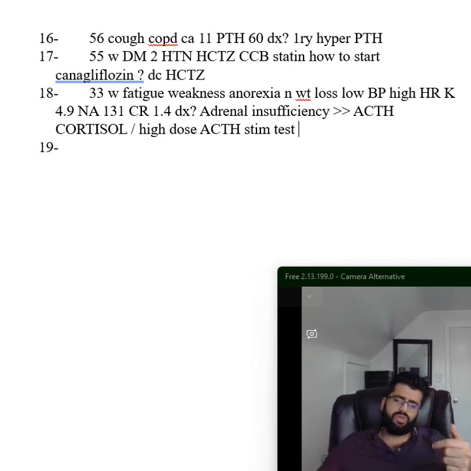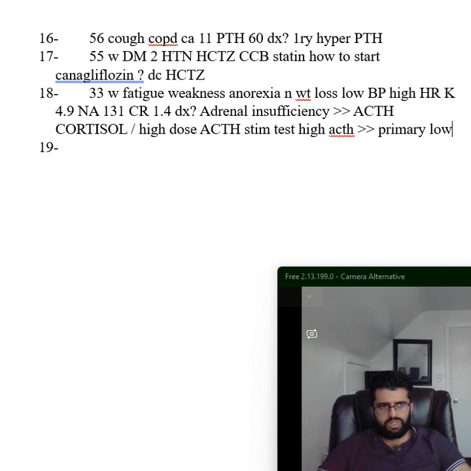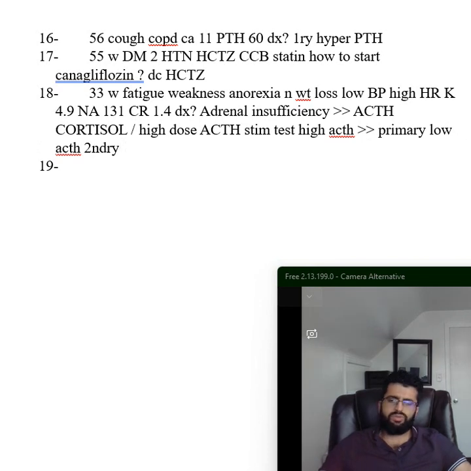So it's caused by the father. It's called secondary or tertiary adrenal insufficiency. Okay. So if it's high ACTH, this is primary. If it's low ACTH, this is secondary. The father is defective. That's why you have a defective son when you have a defective father. Okay.